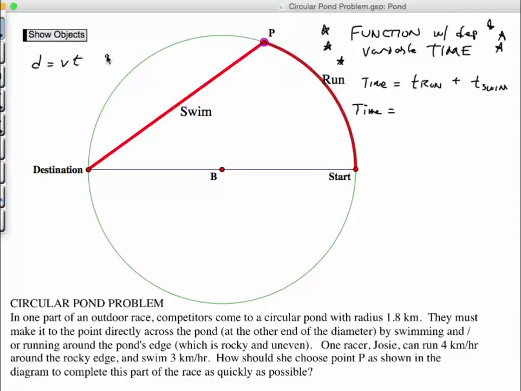At a constant rate, distance is speed times time, right? Or v times time. So time is distance. So distance for the run divided by her rate for the run, which is what? 4. Okay, what about the time for her swim? There we go. Okay, so the distance for the swim divided by 3.